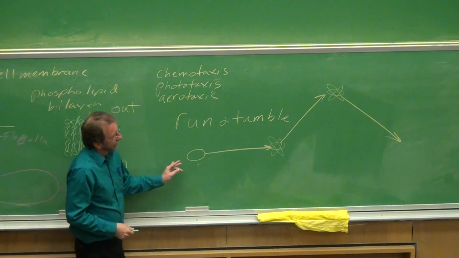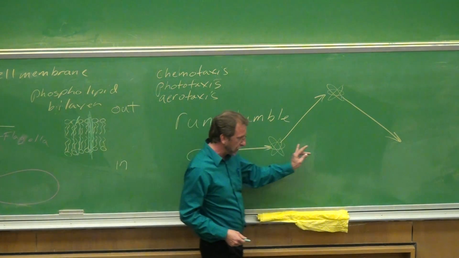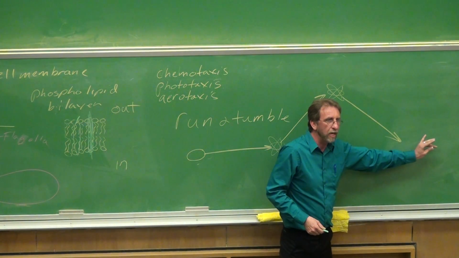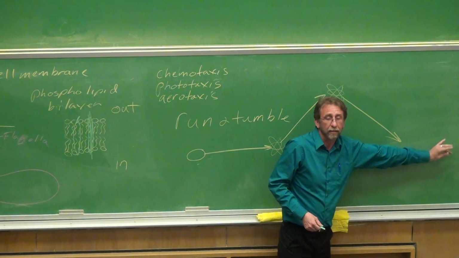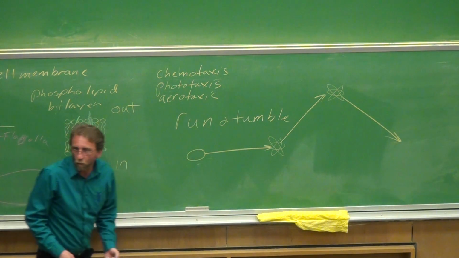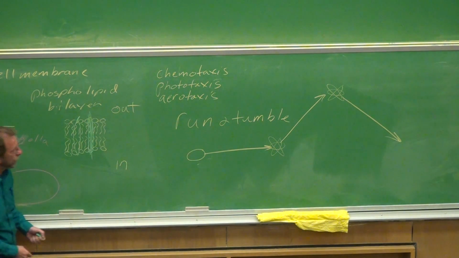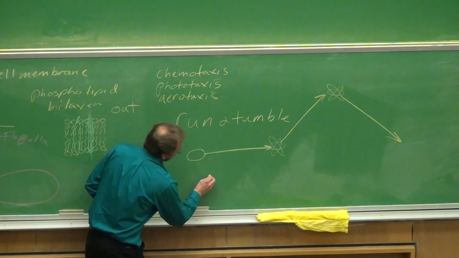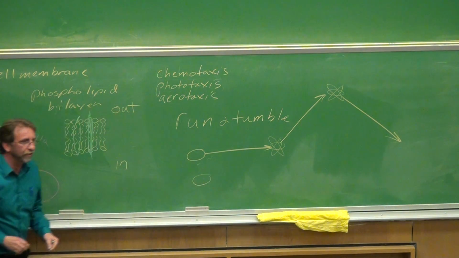Ideally, if you're heading in a direction with long runs, you'll eventually get there. What if you don't want to go away from where you're at? What if you wanted to stay here? Well, the microbe employs a different strategy.